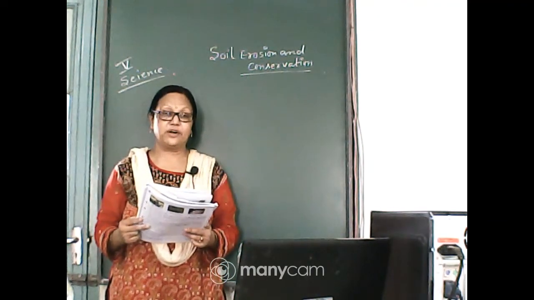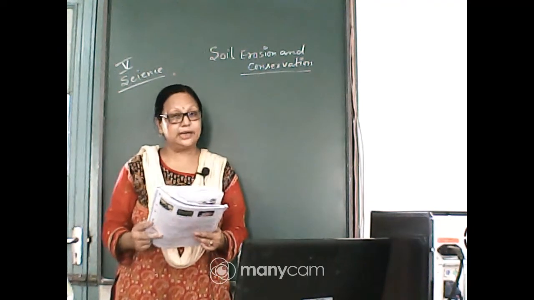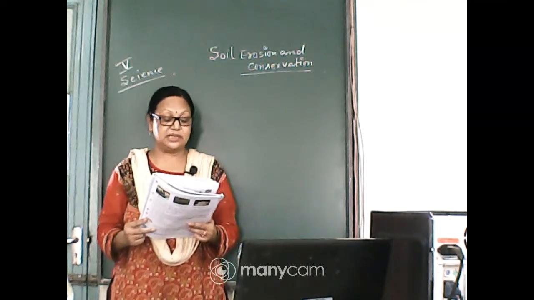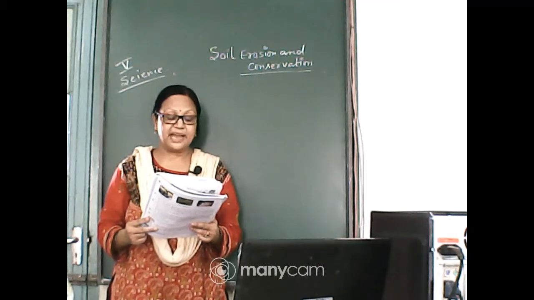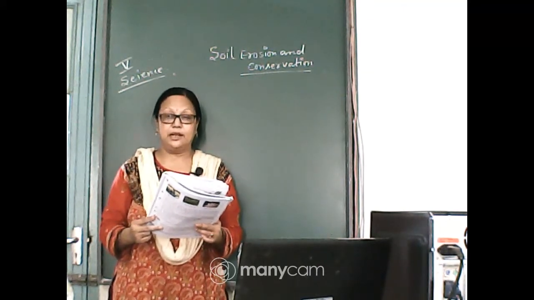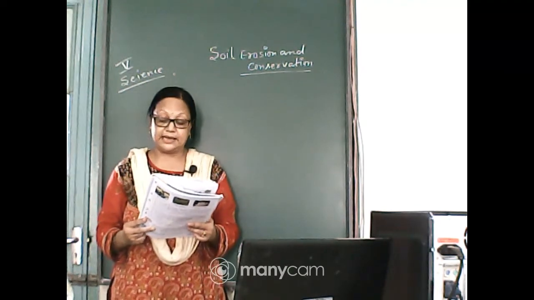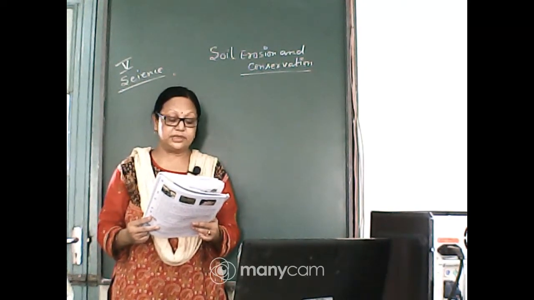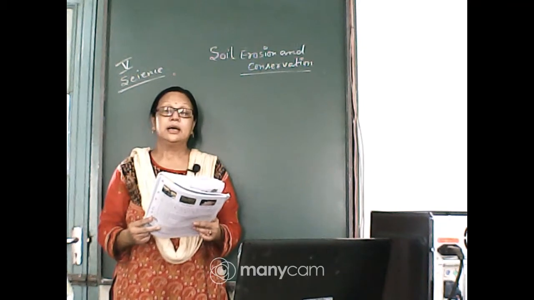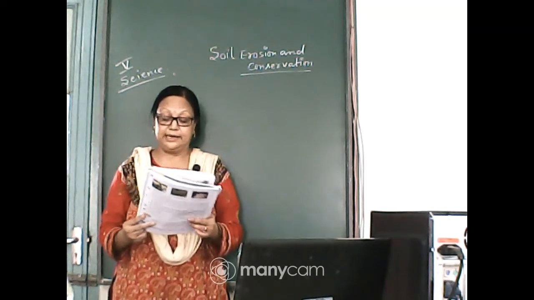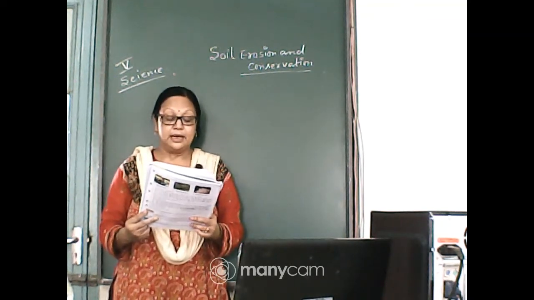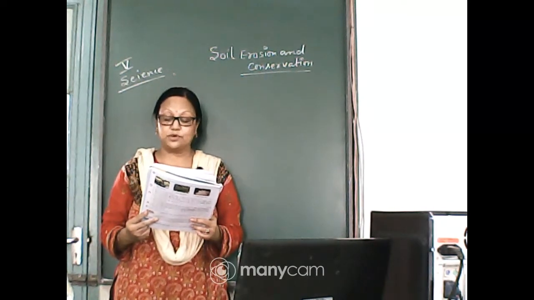Next we will go for fill in the blanks. The first one: humus makes the soil fertile, tick the humus. Next, the roots of the trees reach the layer called the subsoil layer. The third one: soil is found in the uppermost layer of the earth.